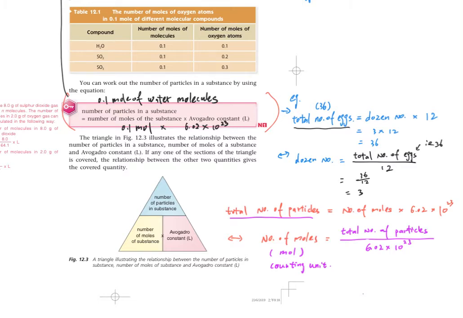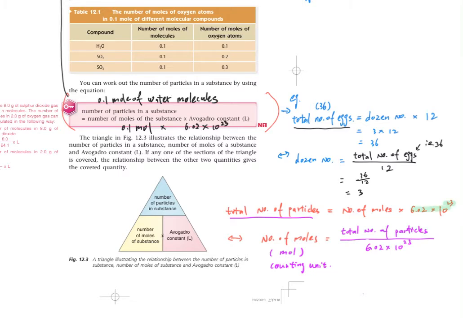Now we go back to the real equation. You can see that the total number of particles in a substance equals the number of moles in a substance times the Avogadro constant, that means times 6.02 times 10 to the power 23.